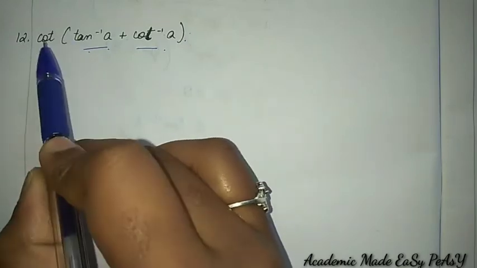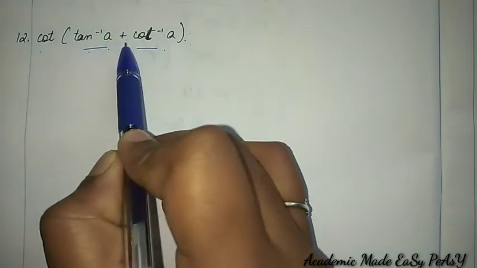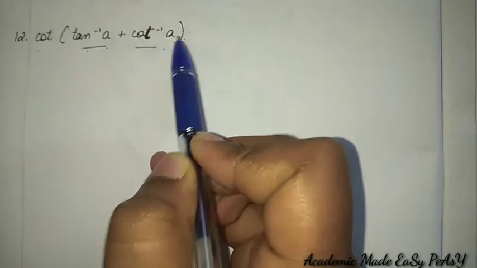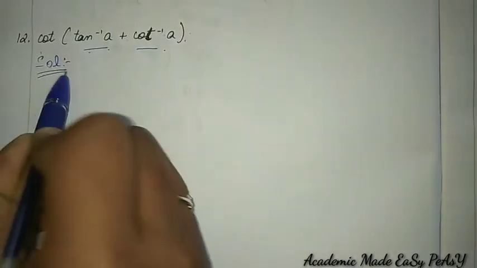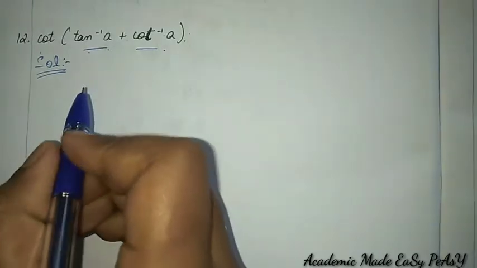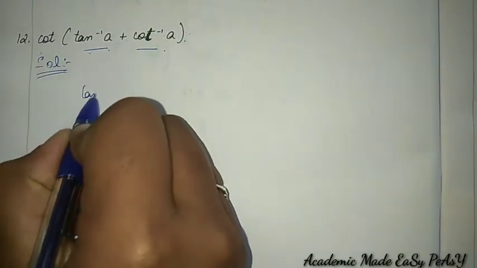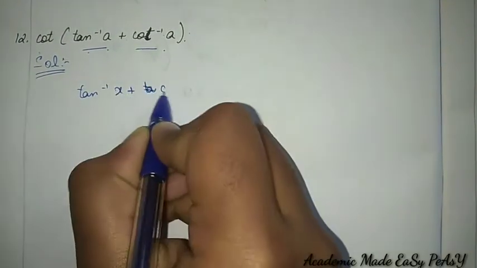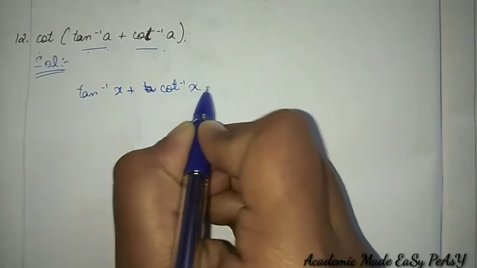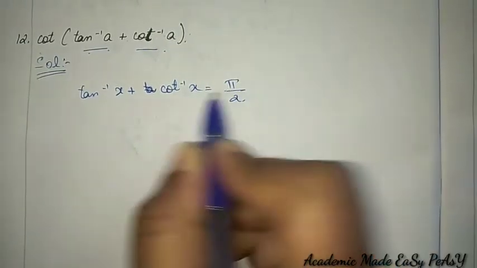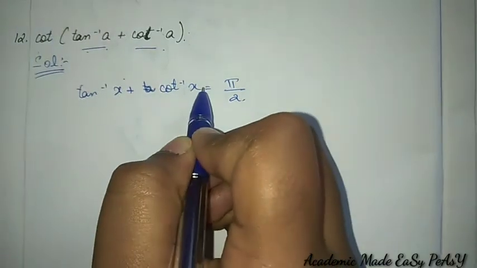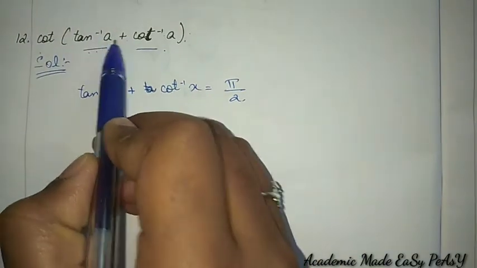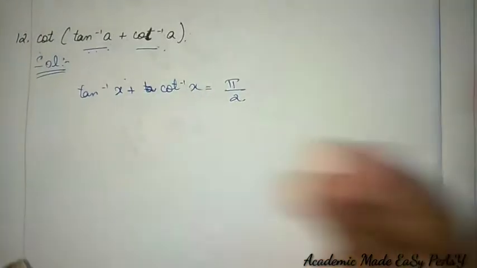Question 12. Cot of tan inverse A plus cot inverse A. Now we have to check in which form it is so that we can simplify and find the value. We already know the formula: tan inverse x plus cot inverse x is equal to pi by 2. So tan inverse A plus cot inverse A is equal to pi by 2.